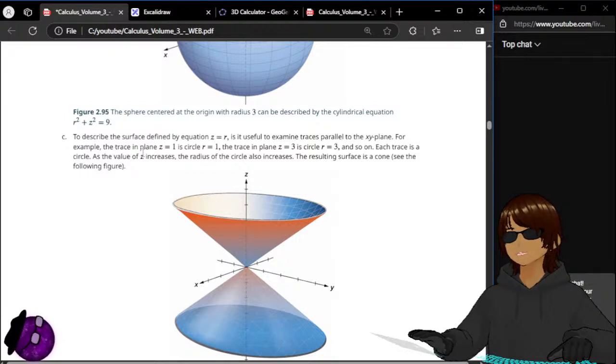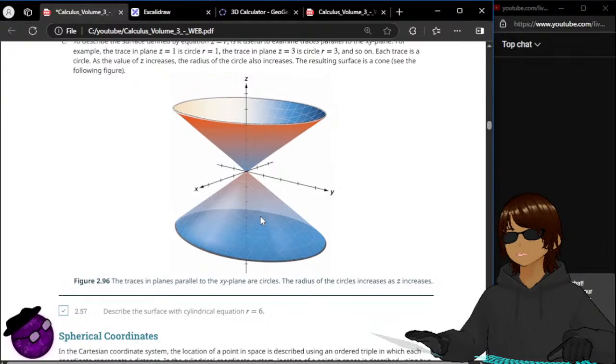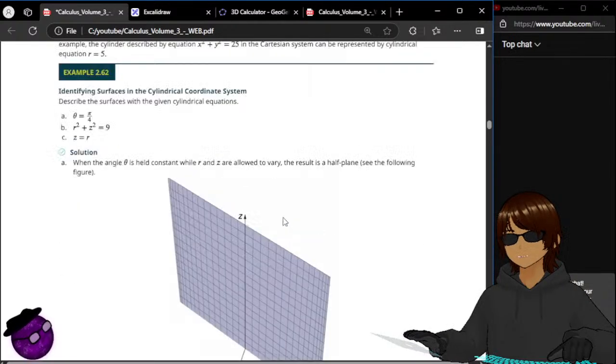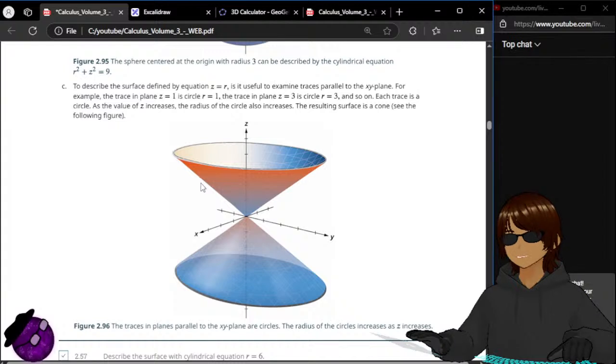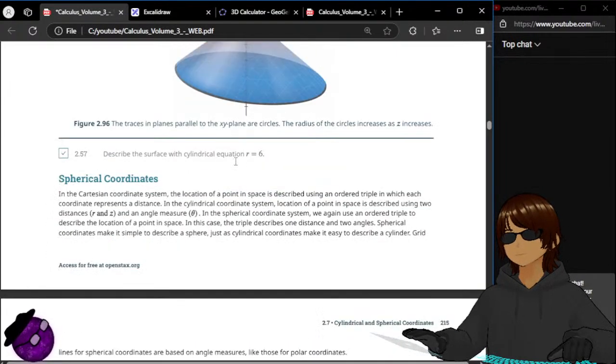As the value of z increases, the radius of the circle also increases. The resulting surface is a cone. This isn't exactly a cone, it's more like the ellipsoid. What was it called? The paraboloid. It's not exactly a cone. The intersection is an ellipse.